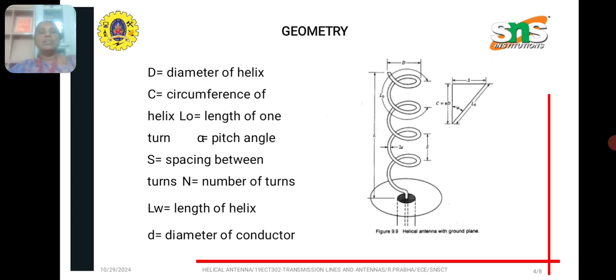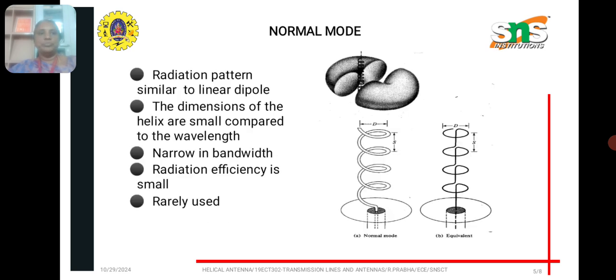Some of the parameters which define the geometry of the helical antenna are: D is the diameter of the helix, C is the circumference, L naught is the length of one turn, alpha is the pitch angle, S is the spacing between the turns, N is the number of turns, Lw is the length of the helix, and d is the diameter of the conductor. So this is about the geometry.